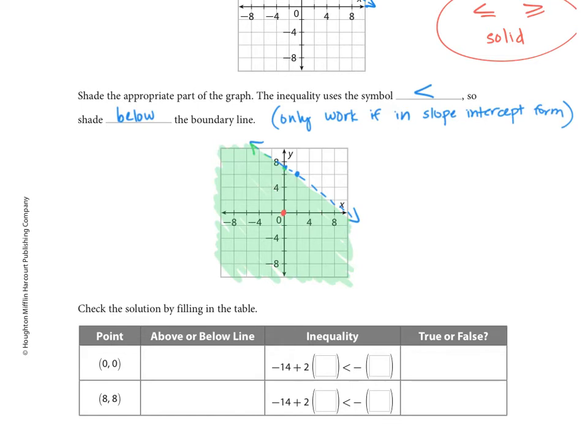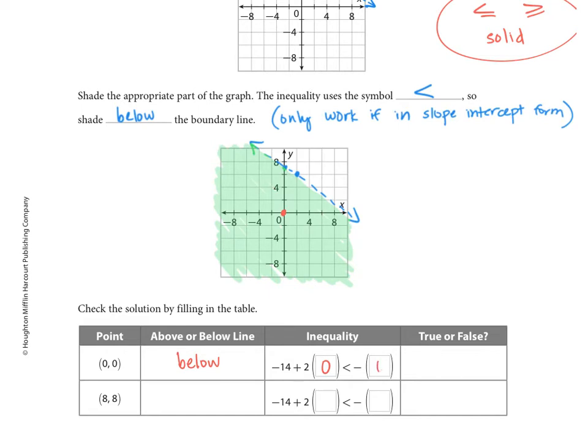So according to what we shaded, is 0, 0 a solution? It is. It's in the shaded part, so this needs to be true. It is below the boundary line. If I plug in 0, 0, I want to know, is negative 14 plus 2 times y less than negative x?